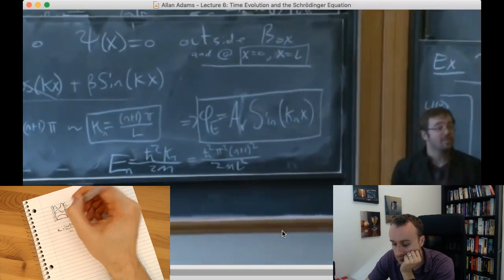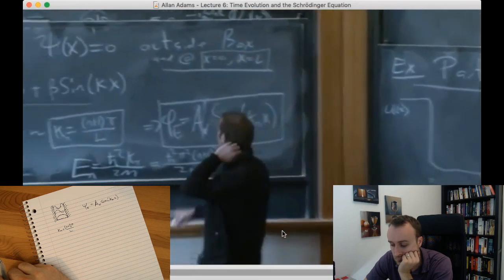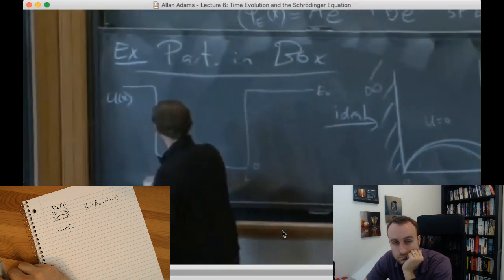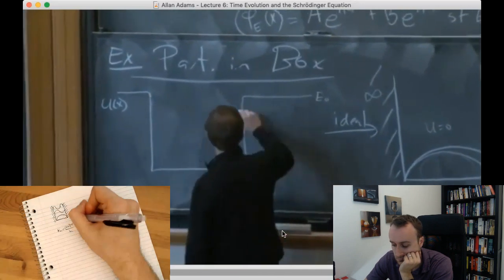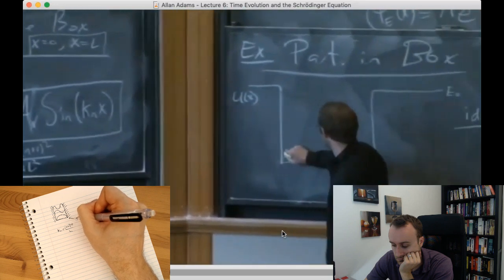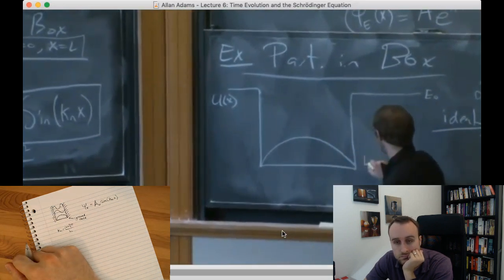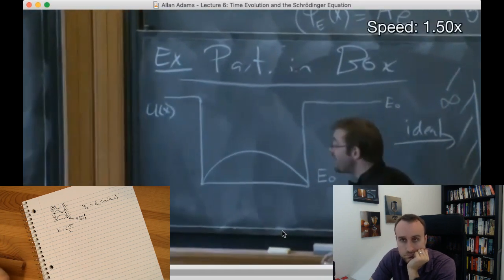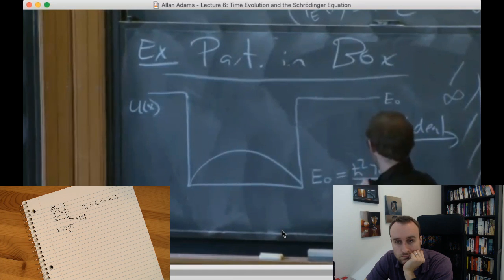And what we found is something really interesting. First off, the ground state, the lowest possible energy, is n equals 0. For n equals 0, this is just a single half a sine wave. This is the n equals 0 state. And it has some energy, which is E0. In particular, E0 is equal to h bar squared pi squared over 2mL squared.